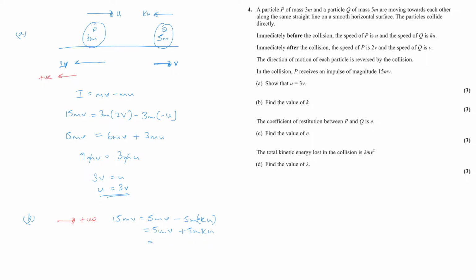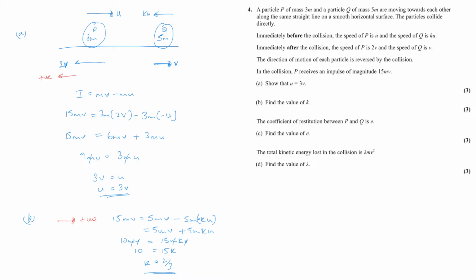So 10mv equals 15mkv, cancel the m's and the v's, and we've got 10 equals 15k, k equals 2 over 3. So you can either keep the same direction as the first one, or you can change the direction for the second part of the question, as long as you're consistent within the question.